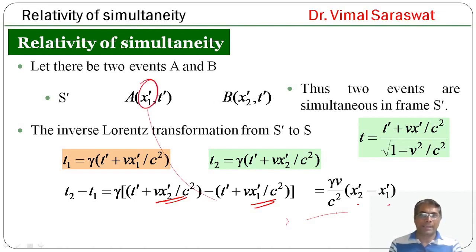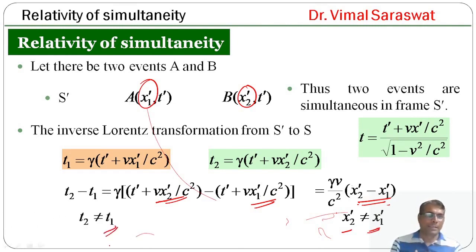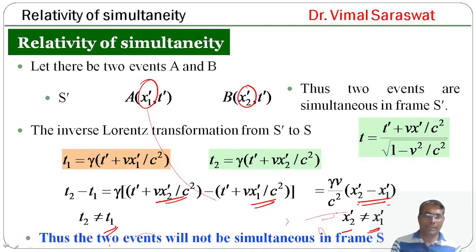Since x1 dash and x2 dash are not the same, this will not be equal to 0. So t2 is not equal to t1. It means the two events which were simultaneous in frame S dash will not be simultaneous in frame S. Thus, the two events will not be simultaneous in frame S.